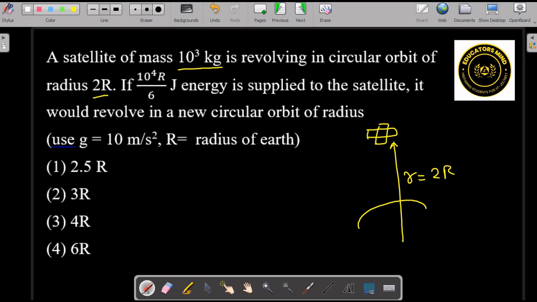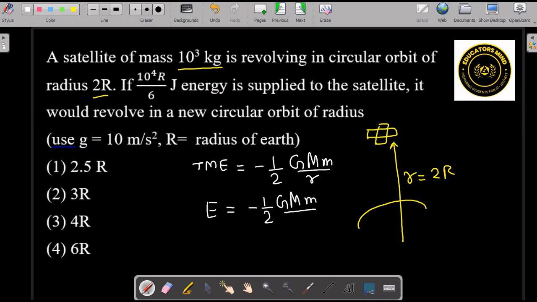So first of all, we know the total mechanical energy is minus half GMm by r. Initially it has some mechanical energy, let's say that is the energy E, minus half GMm by the radius. Initially the radius is given as 2R here, right?